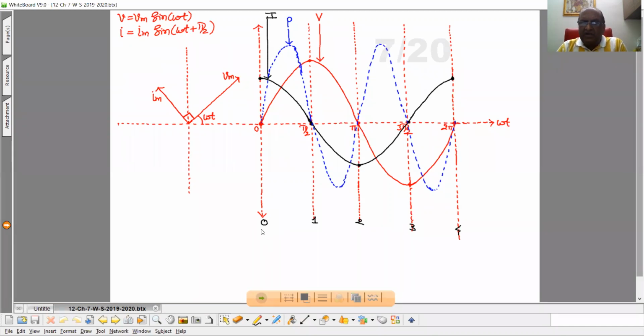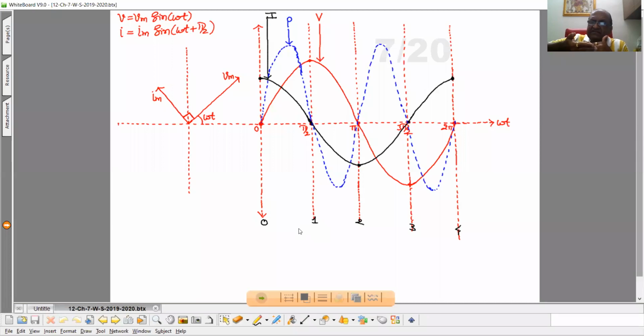Again here see what happens. In the time interval t equal to 0 to t equal to capital T by 4, during the first 1/4 part of the complete cycle, the capacitor charges, meaning the capacitor absorbs energy from the source and stores the energy in the form of electric field.